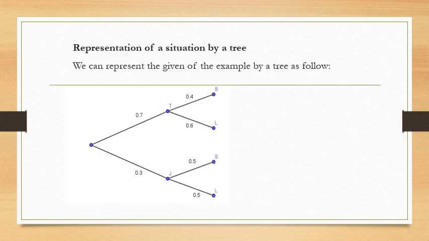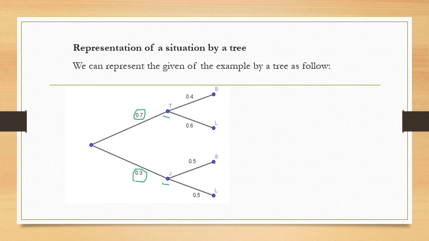So here is the tree diagram. The sample space is represented by T and J. T represents choosing an article from the t-shirts, J represents an article chosen from the jackets. Here we have the probability of T, which is 0.7, and probability of choosing a jacket, 0.3.